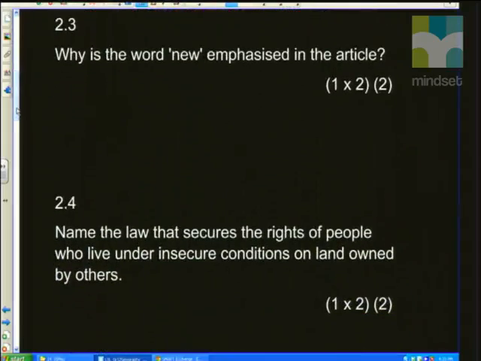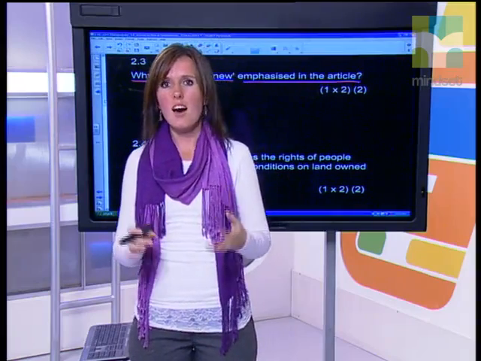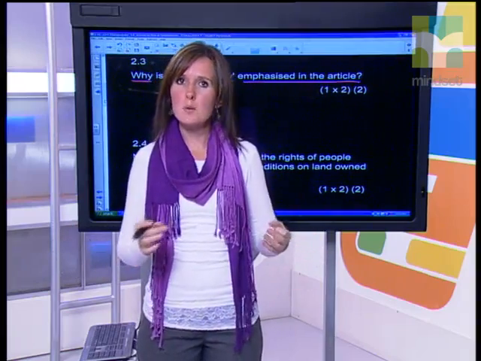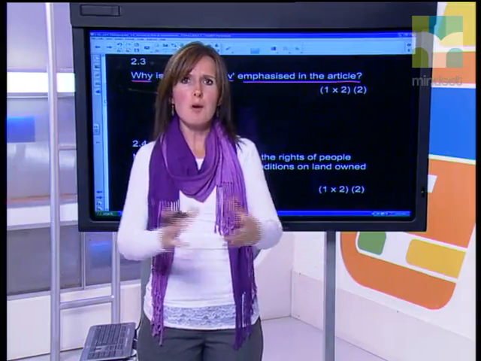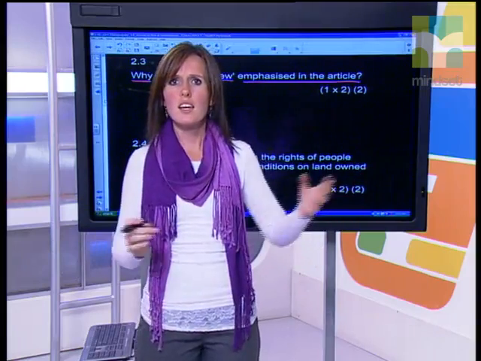Let's have a look at the next question. This is an interesting one, a little bit more interpretation here. Why is the word new emphasized in the article? Now remember, in the New South Africa, everyone is supposed to have the right to basic needs like housing, water, electricity. But in this case, even after apartheid, these people were still being treated abominably. They were thrown out of their house.